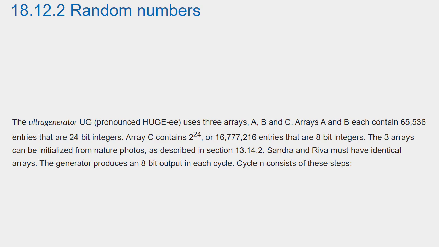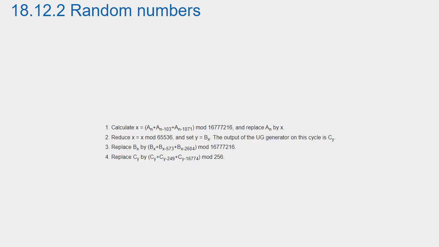The three arrays can be initialized from nature photos, as described in section 13.14.2. Sandra and Riva must have identical arrays. The generator produces an 8-bit output in each cycle. Cycle n consists of these steps. 1.